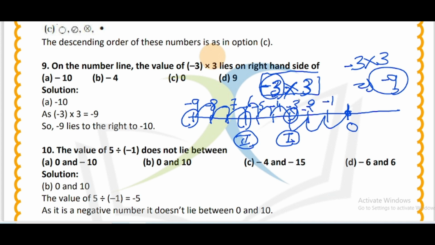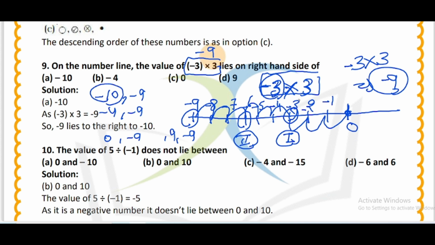Then the question asks: the value of this, it means minus 9, lies on the right hand side of which? The options are minus 10, minus 4, 0, and 9.